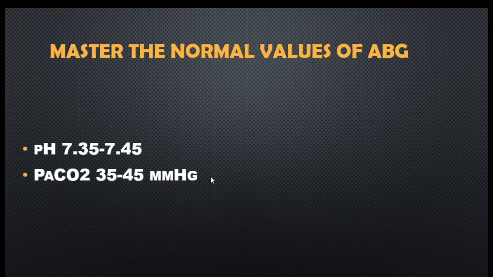I want you to associate the PaCO2 values to acid, because PaCO2 means the amount of carbon dioxide in your arterial blood. So the more carbon dioxide in your arterial blood, the more acidic your blood will be. Why?